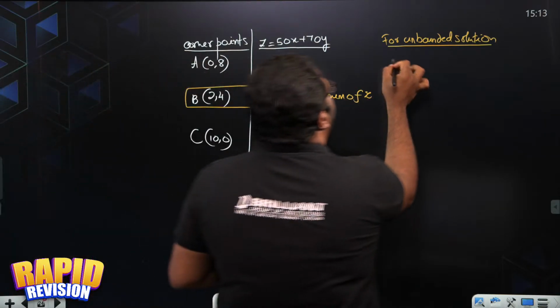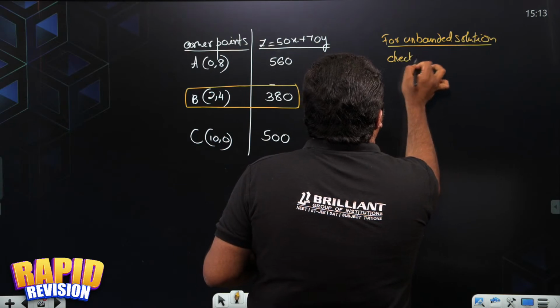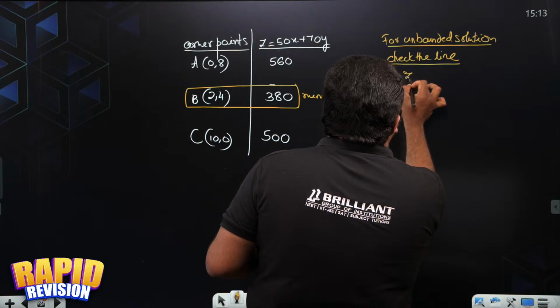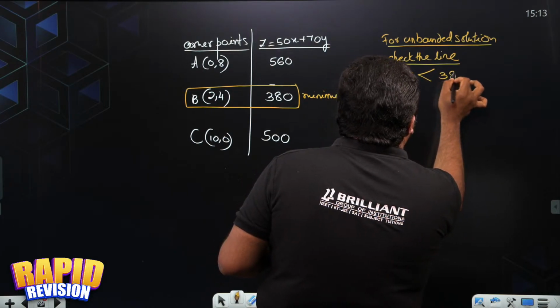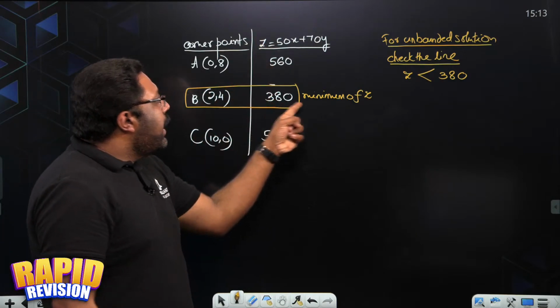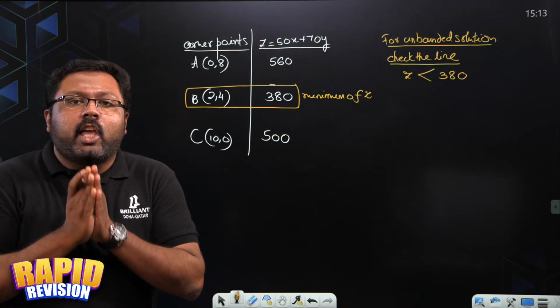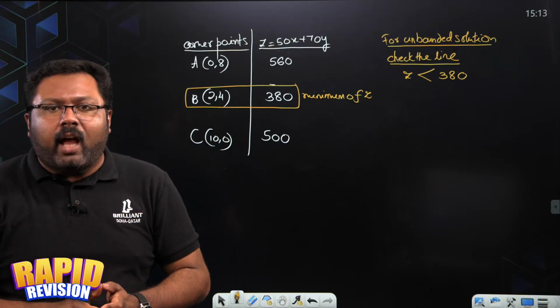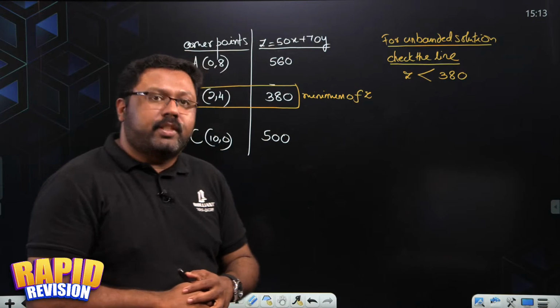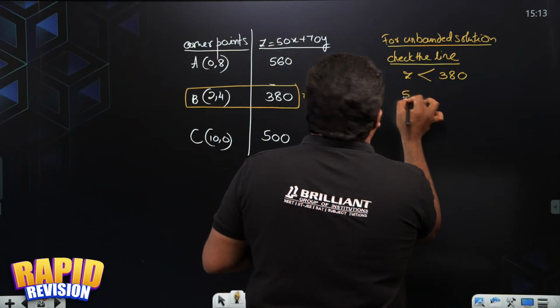For an unbounded solution, check the line z less than the minimum value. I am checking if there is any value below 380 for z, because it is unbounded.